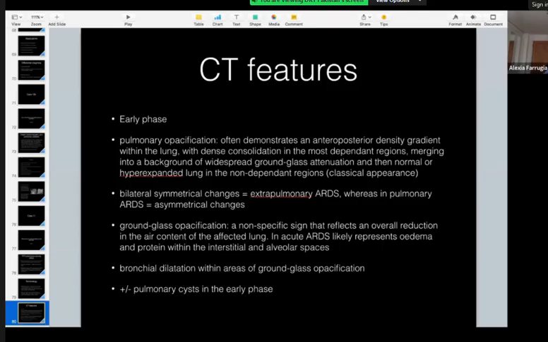and the alveolar spaces. There's bronchial dilatation within the areas of ground glass, and you can get pulmonary cysts in the early phase.